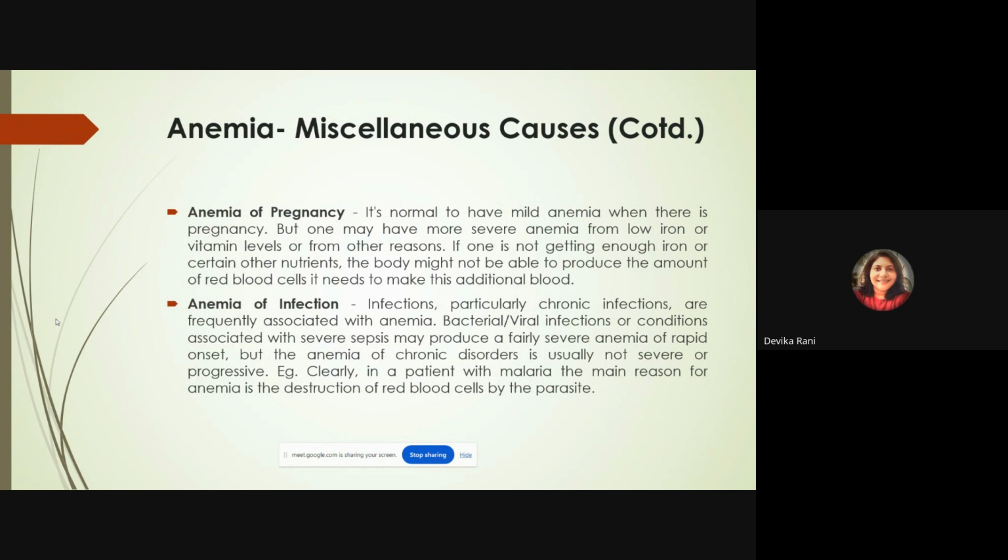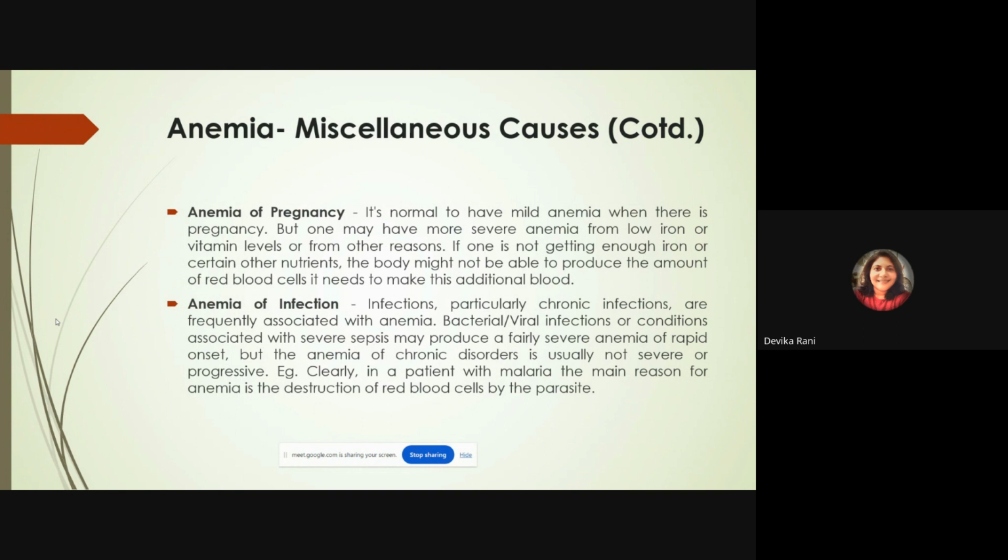Now, anemia of pregnancy. Generally, it is normal to have mild anemia during pregnancy, but one may have more severe anemia from low iron or vitamin levels or from other reasons. So normally, your doctor or gynecologist would recommend iron supplements or other supplements depending on the need.